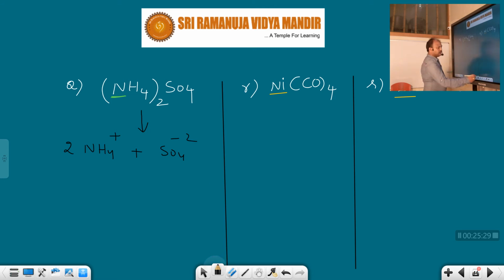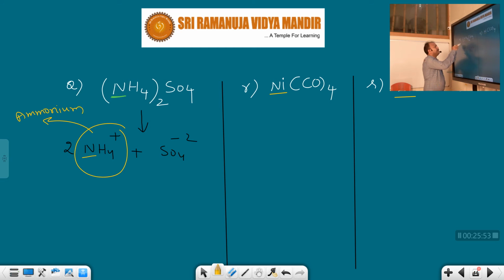NH4 twice SO4 is the ammonium sulfate, and it can be split up into ions in water. Nitrogen is in the ammonium ion, so we have to find the oxidation number of nitrogen in ammonium.